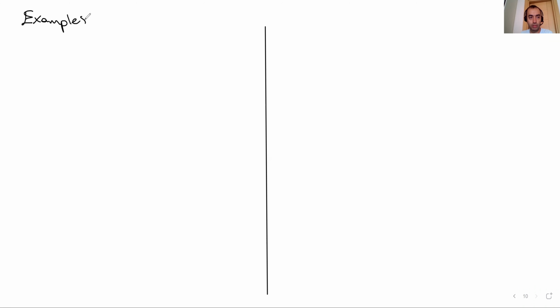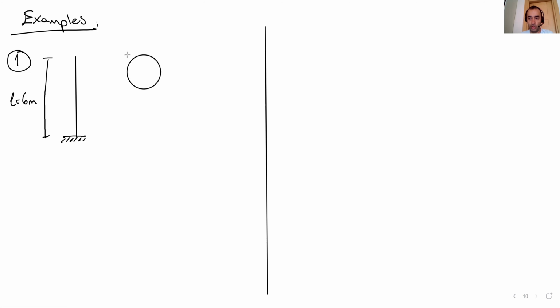Examples. First one: we have a vertical cantilever. Its length L is 6 meters, and the section here is a circular section.